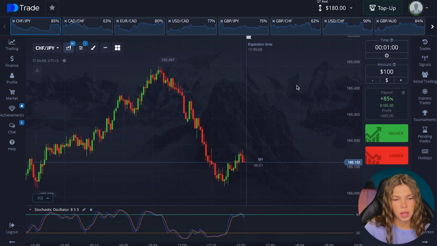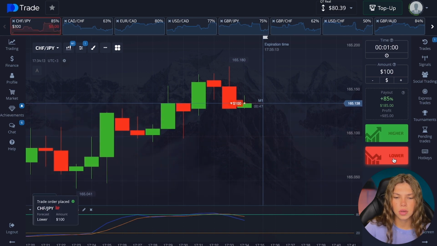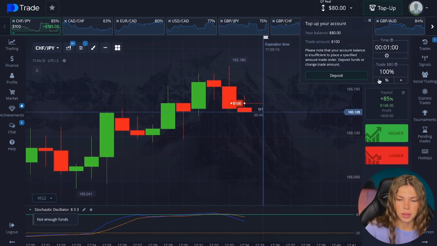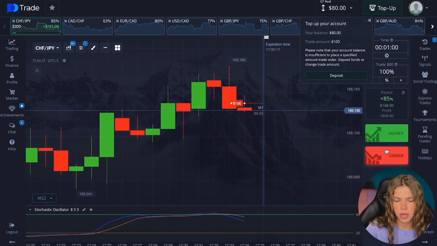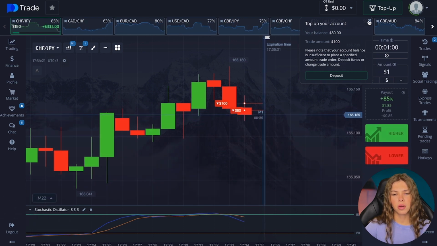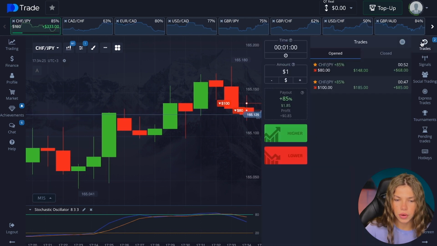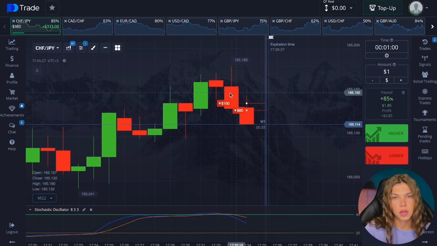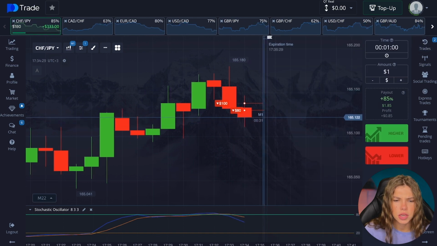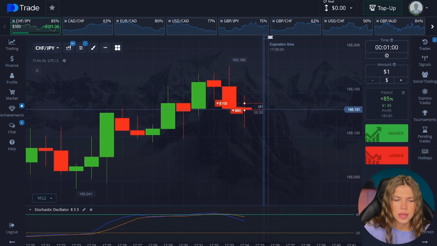Well, here you can trade it on a decrease, and the only thing is to look at this trend again. Yes, it was going down here, so we'll trade it on a decrease, and it's already asking us to make a deposit, but that's alright. We have two deals for $80 and $100 opened. I didn't manage to change the amount of the transaction. Well, it's okay, so let's watch.